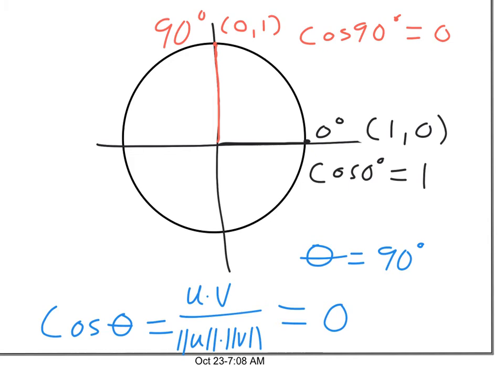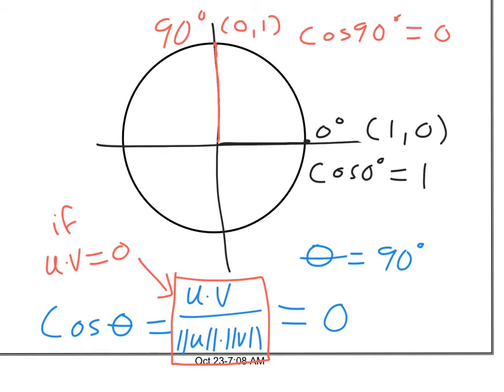Now look at the structure of this formula. If you really think about it, for that whole thing to equal 0, the bottom, the product of the magnitudes, doesn't really matter. The whole thing is going to be 0 if the dot product is 0.